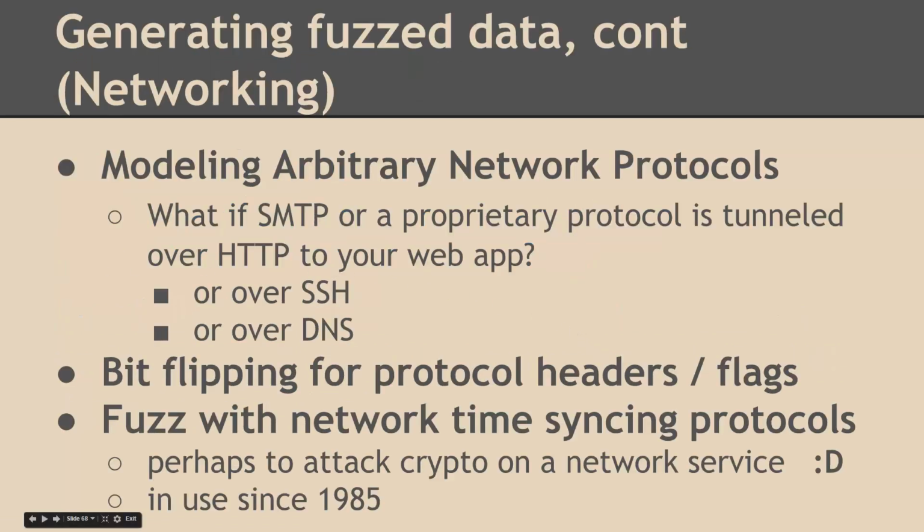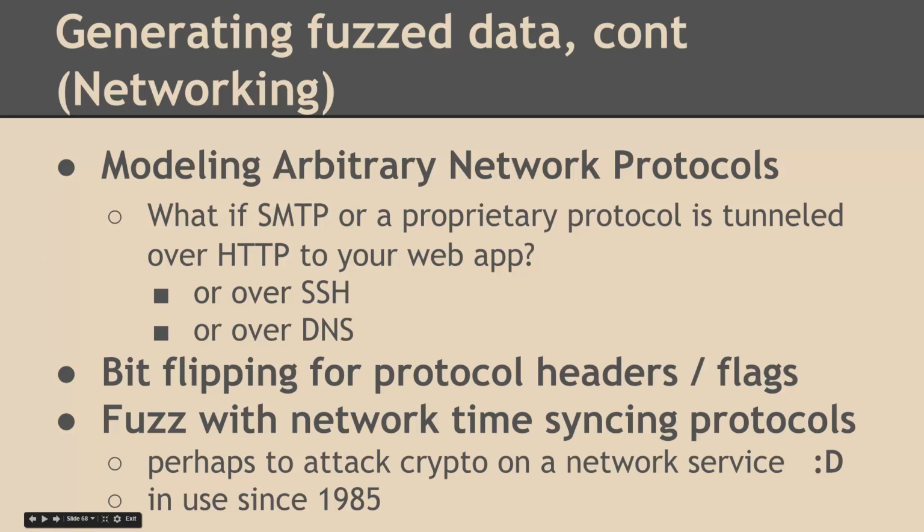Anyways, more towards networking. Modeling arbitrary network protocols is very difficult, especially when the protocol is not known. And the protocol may be tunneled under another protocol over SSH, and it's possible to tunnel something over DNS. And with Scapy, you could pretty much arbitrarily tunnel anything within anything that it allows.